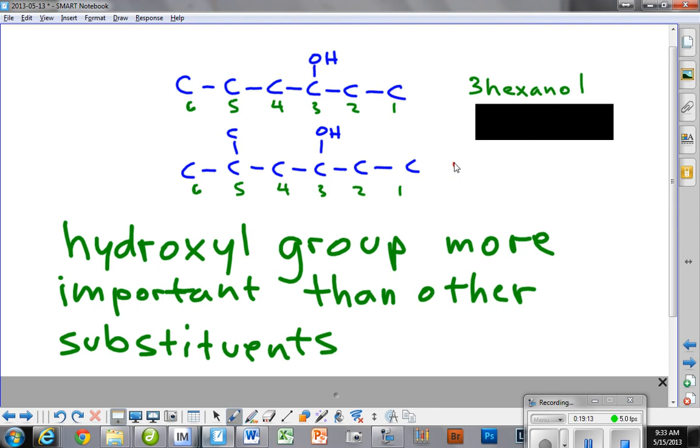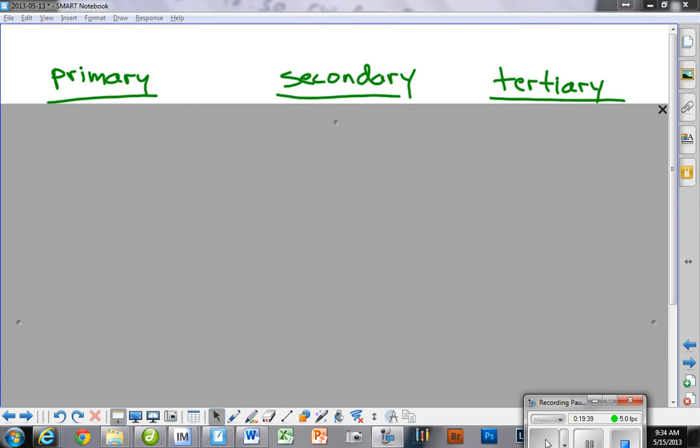There you go. Good. 5-methyl. And now the rest of the name is the same: 3-hexanol. There you go. Pretty easy? Okay, great. So that's the naming of the hydroxyls, or the alcohols that have hydroxyl groups.